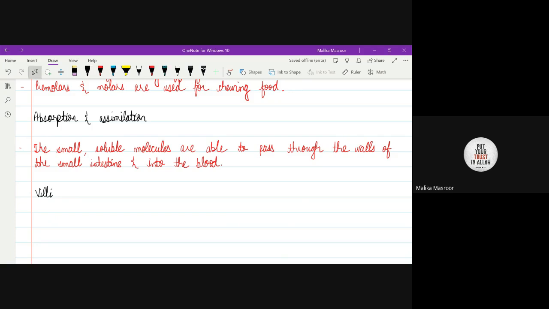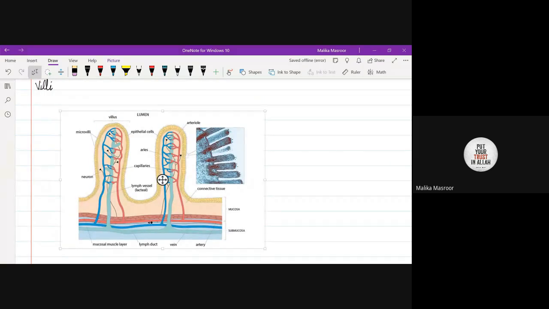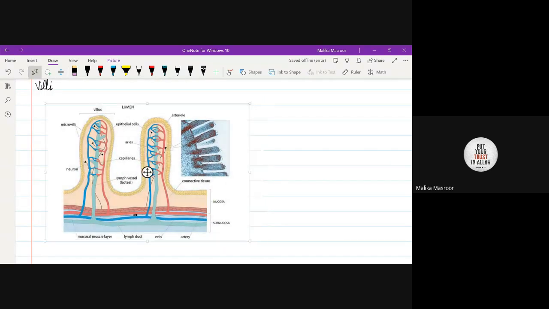Like I told you, the cell surface membrane on the surface of each villus is folded to form many microvilli as well, as you can see here. This is your villus complete, and these small projections are your microvilli. And it's through these membranes that glucose, amino acids, fatty acids, cholesterol, vitamins, minerals, ions, and water are absorbed.